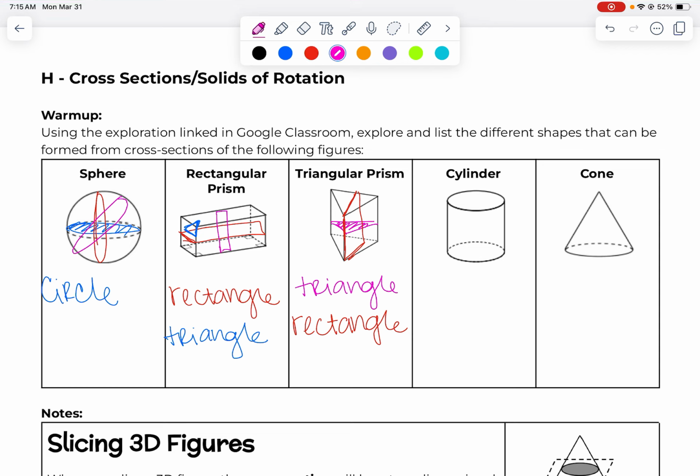For a cylinder, if I were to cut it horizontally, it would form a circle. If I were to cut it vertically, it would form a rectangle.